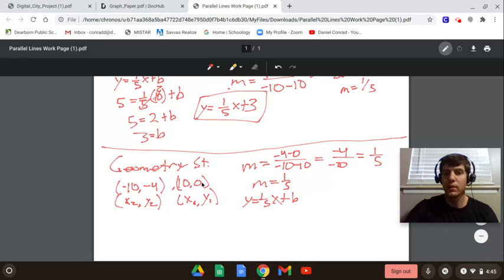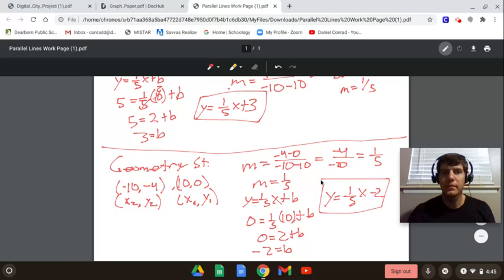I'm going to plug in 10, 0. So 0 for y is 1/5 times 10 plus b. 1/5 times 10 is 2. Subtract 2 from both sides, and we get -2 equals b. So our equation here is y equals 1/5 x minus 2.